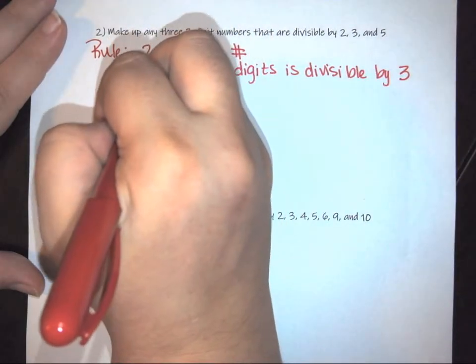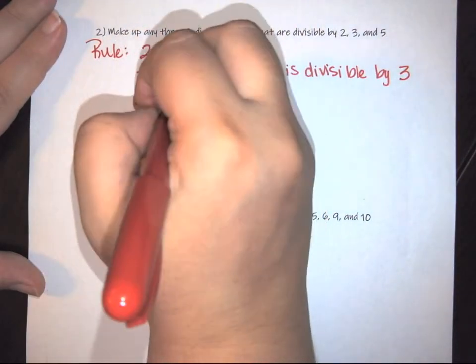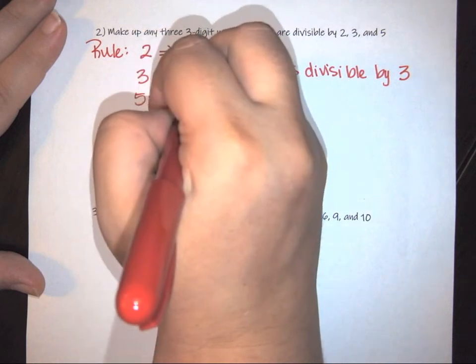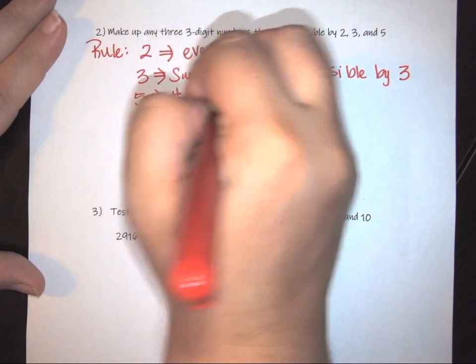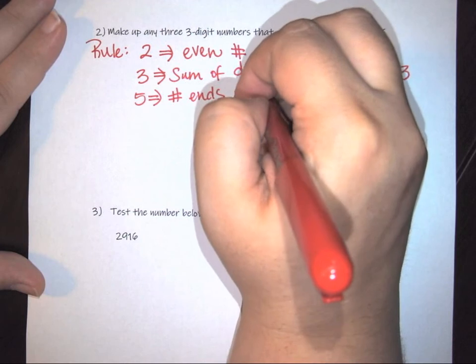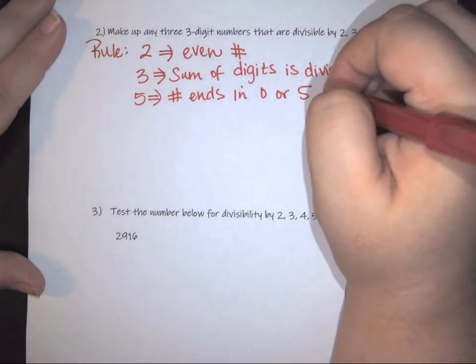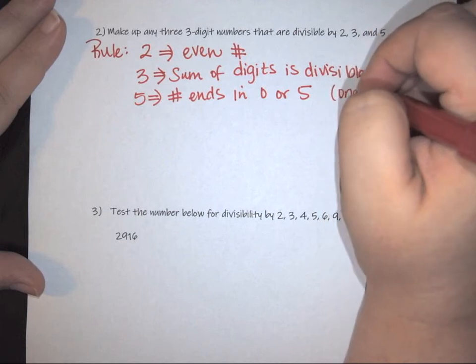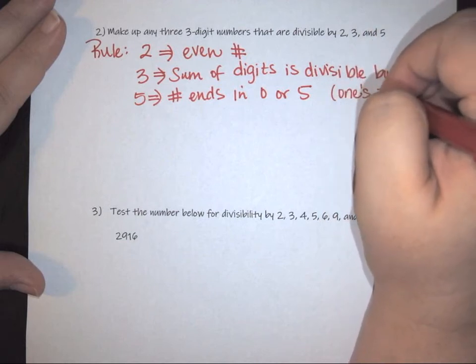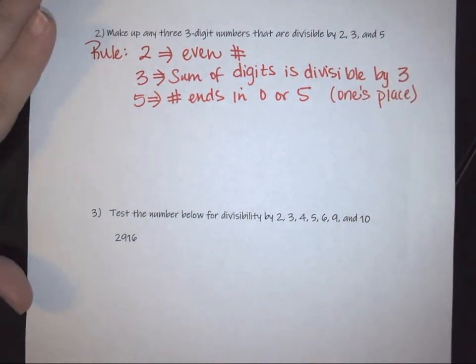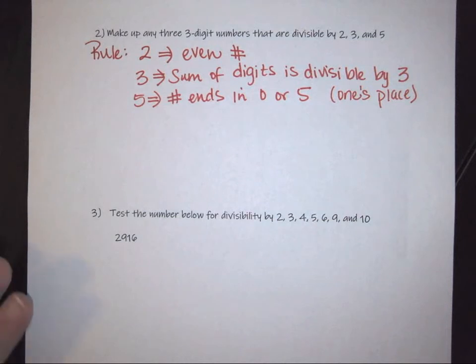And when I am talking about 5, I am talking about the number ends in 0 or 5. So specifically, we're talking about the ones place. Okay, those are the rules I have to follow.